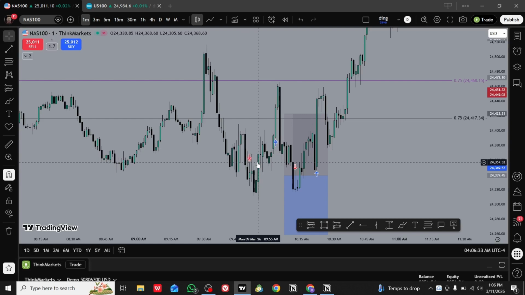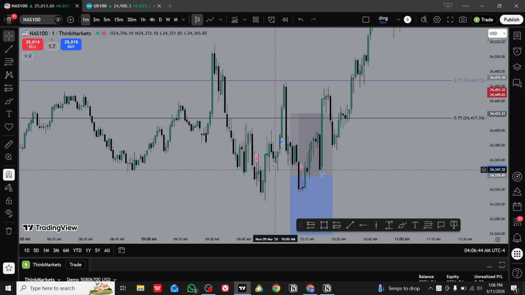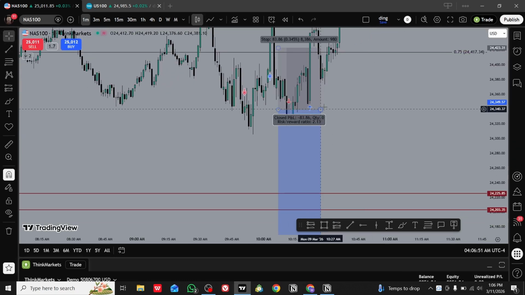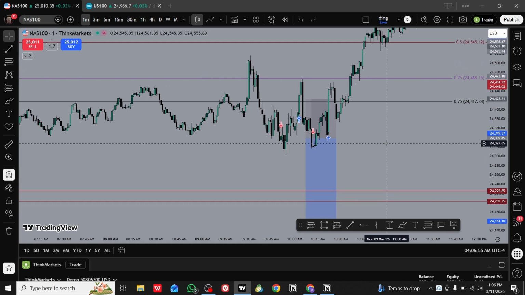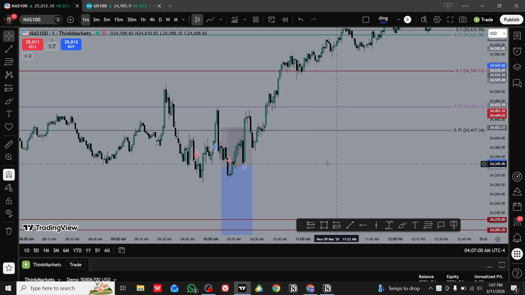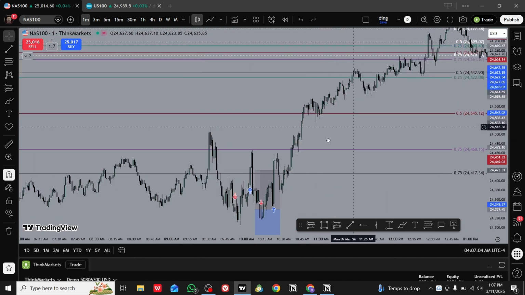When I entered the first time, it risked not how much I wanted to, and I entered again. We took the SL and I entered again, and yeah, the second trade. Okay, we just went above and didn't trade anymore that day.